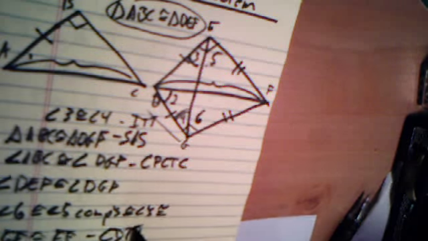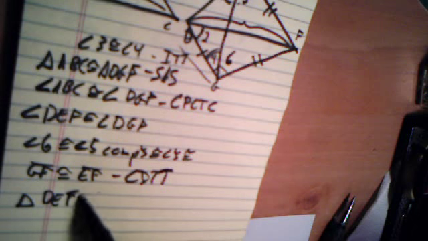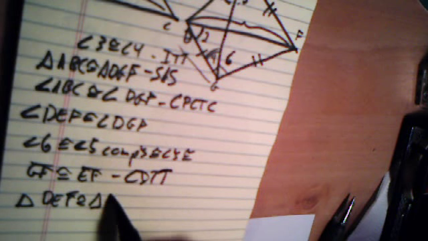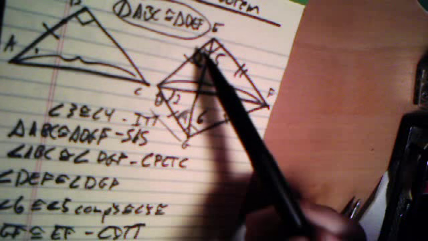Okay. Now that we've got that, we can see that these two triangles, triangle DEF is congruent to triangle DGF by side angle side, just like before. We got this side, these two sides, and this angle in between them.